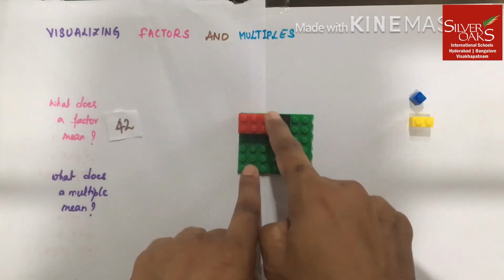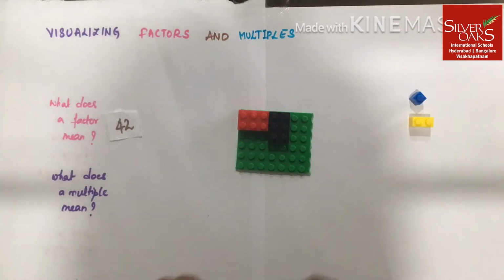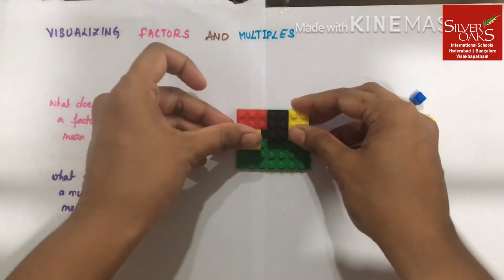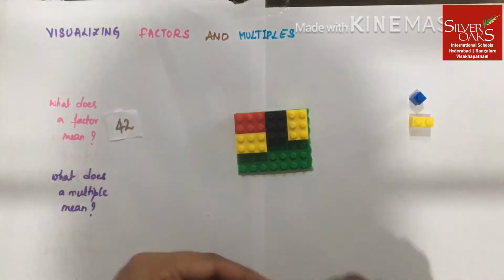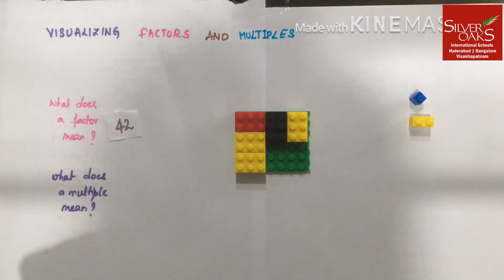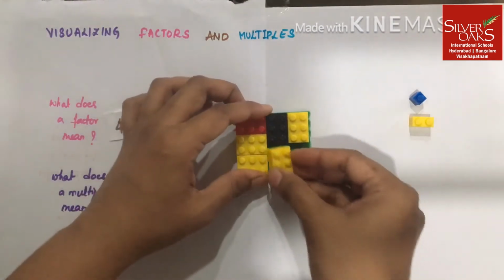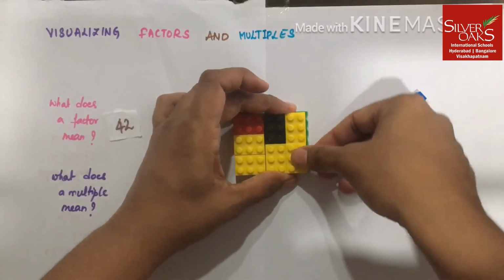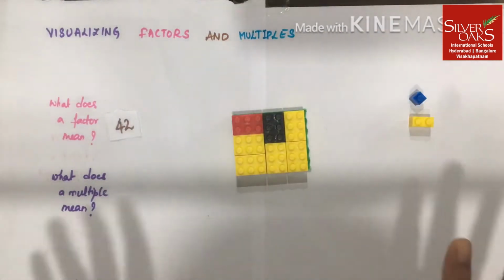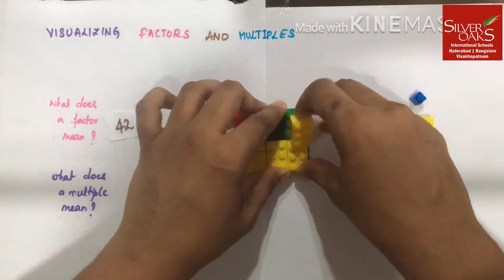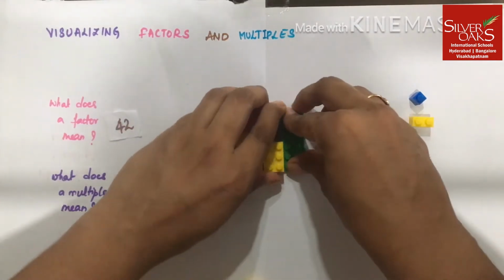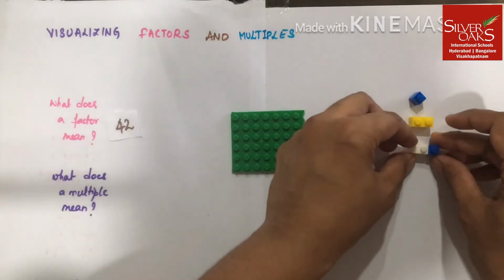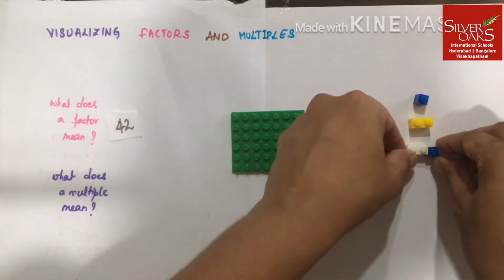First 3, second 3, third 3, fourth 3, fifth and sixth 3's, seventh and eighth, ninth and 10th, 11th and 12th, 13th and 14th. So I was able to fill the whole sheet. That means my 3 is a factor. So I'll show my 3 over here like this. This is my 3, which is also a factor.